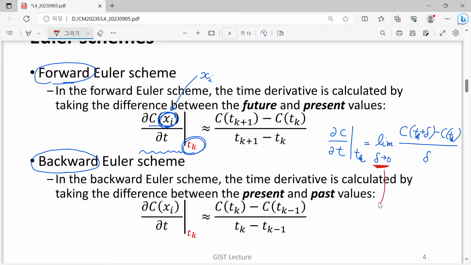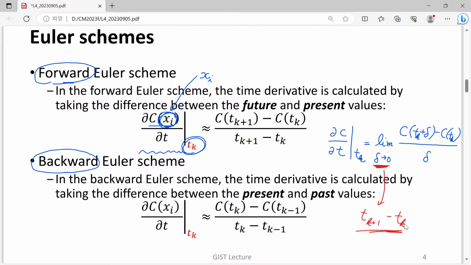So we can assume that t sub k plus 1 minus t sub k, the difference between two neighboring time instances, is the minimum one we can achieve in this discretized system. So under this assumption, this delta is just used for this one.